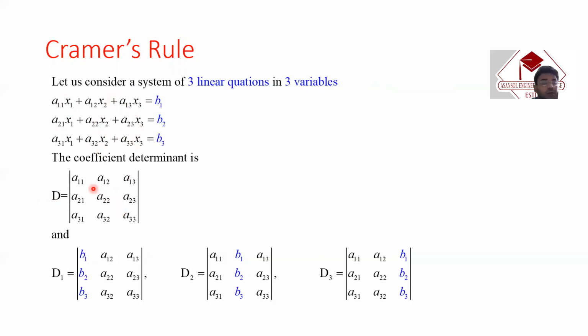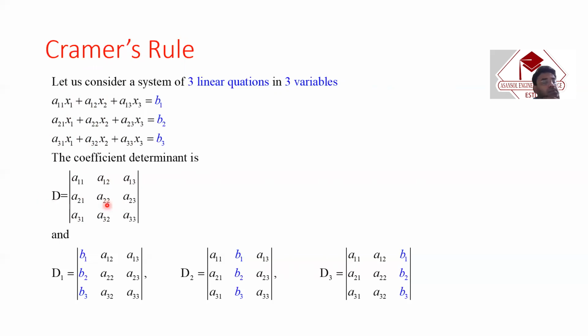The first column of this determinant D comes from the coefficients of x1: a11, a21, a31. The second column comes from the coefficients of x2: a12, a22, a32.